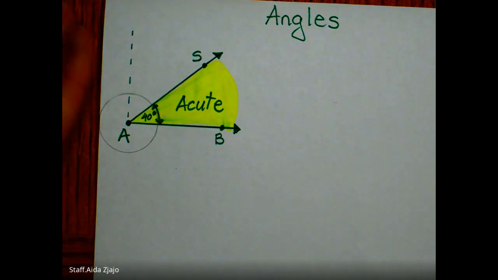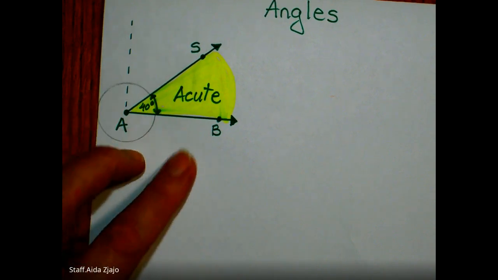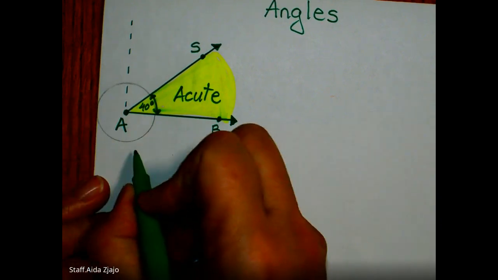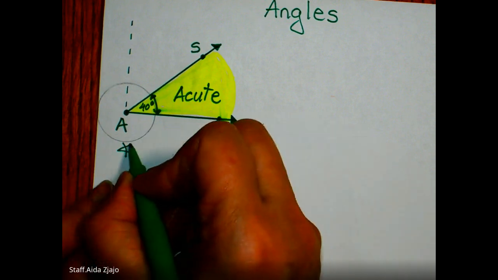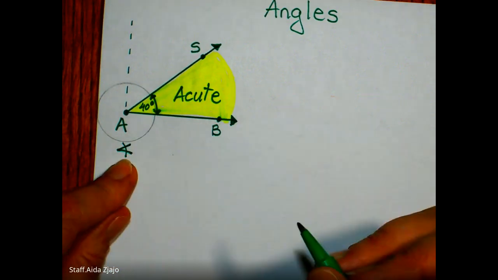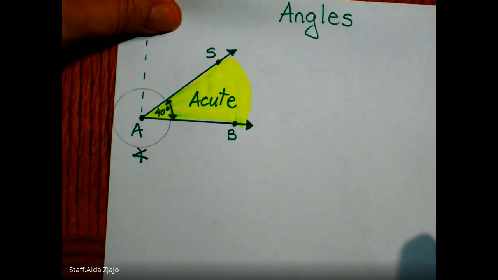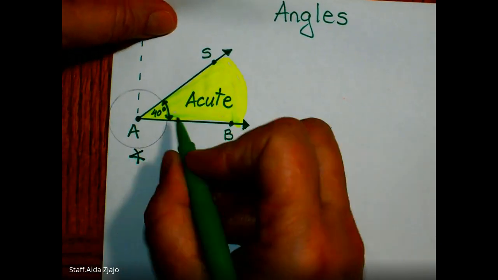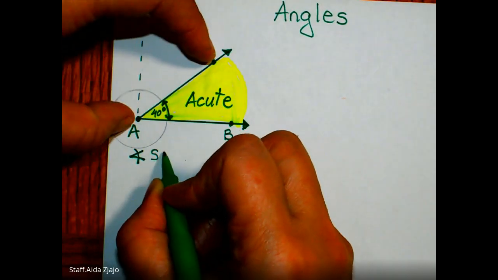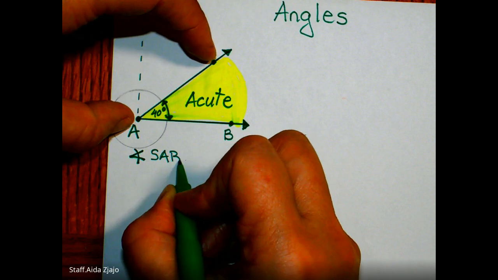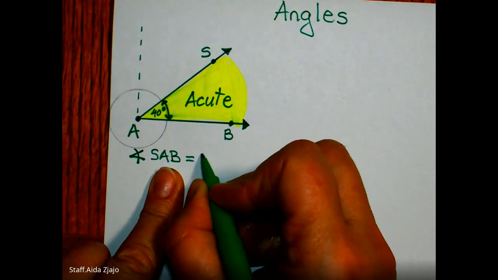To label an angle, we can use a little V with a line, and then say angle S. We start with the farther point, S A B. So angle SAB is equal to 40 degrees.